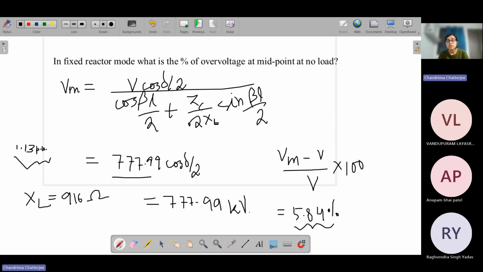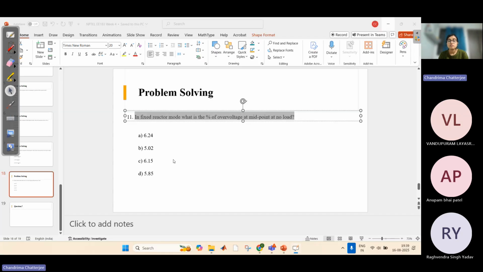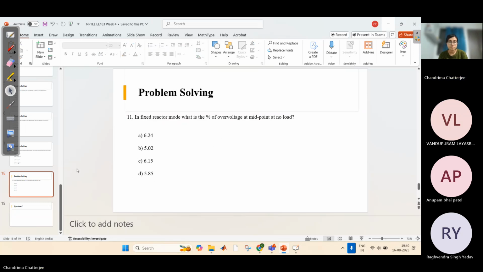Now we are using the fixed reactor operation and we are getting 5.84% over voltage. So this is certainly a significant improvement compared to the uncompensated one. So option D is correct, 5.85. This is the correct option.